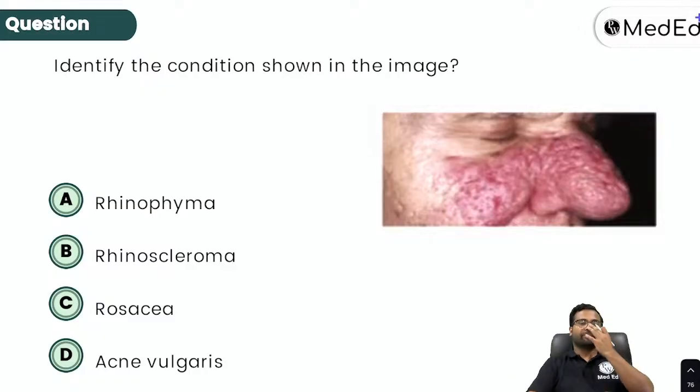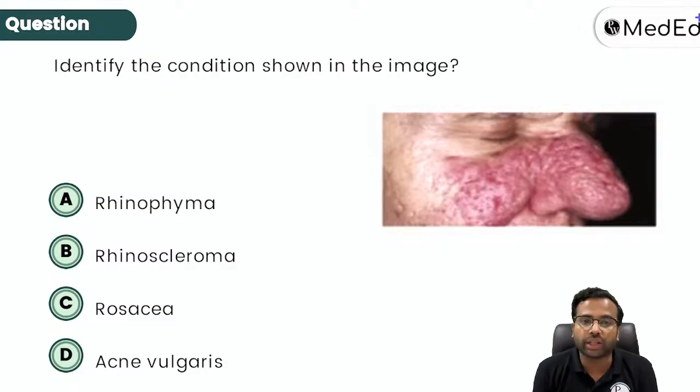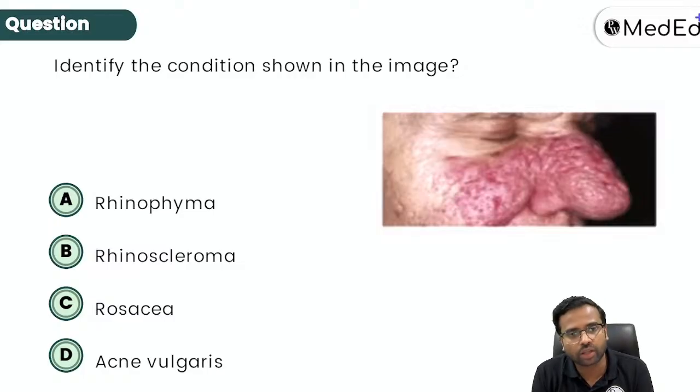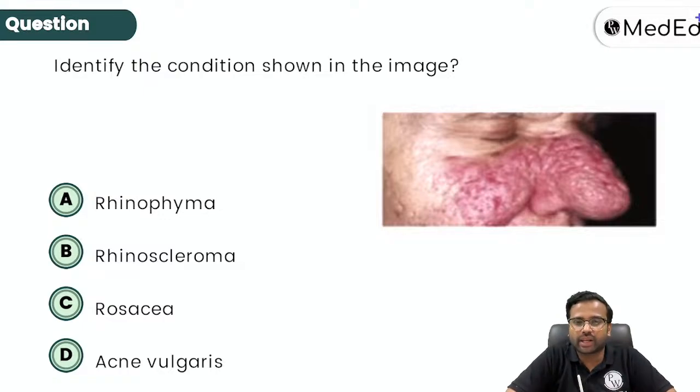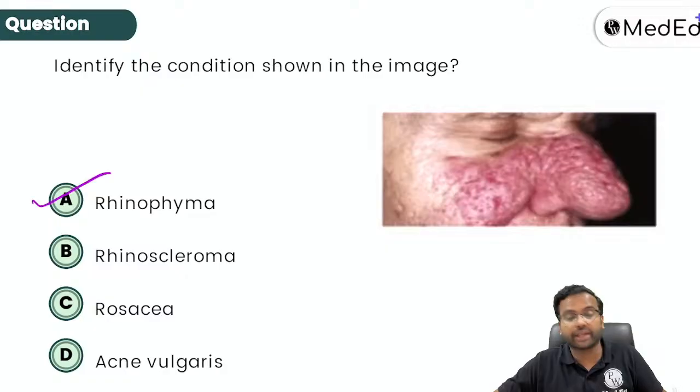Now, the next question, identify the condition that is shown in the image. Rhinophyma, rhinoscleroma, rosacea, acne vulgaris. So, what is more likely, isn't it? You can see that, yes. So, this one also most of you are getting it right.